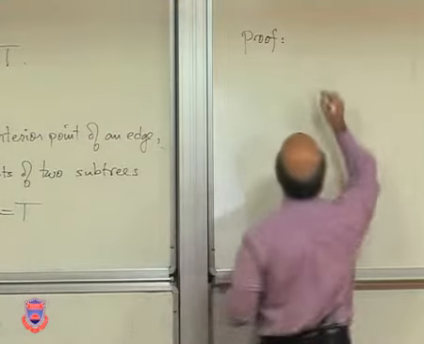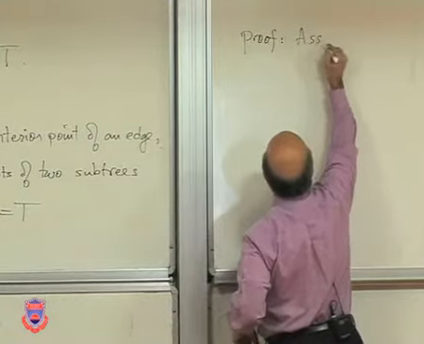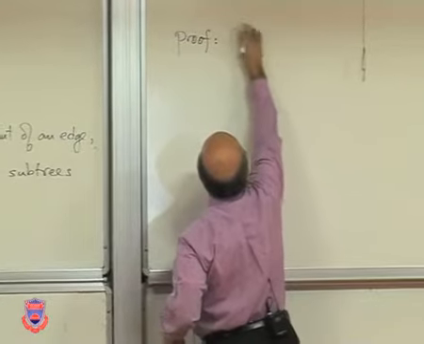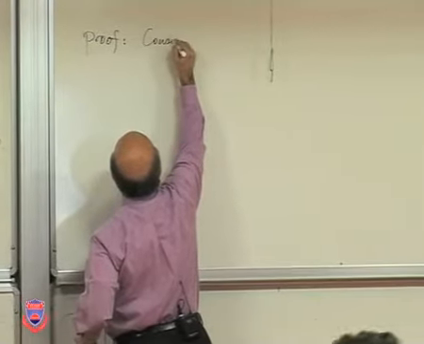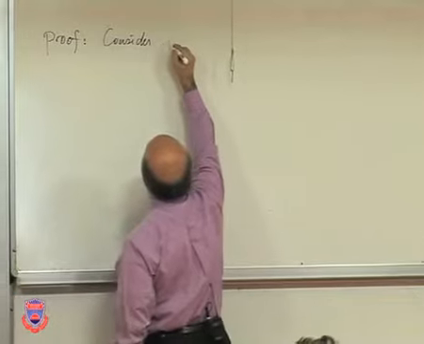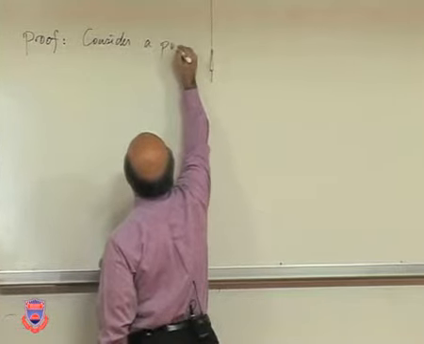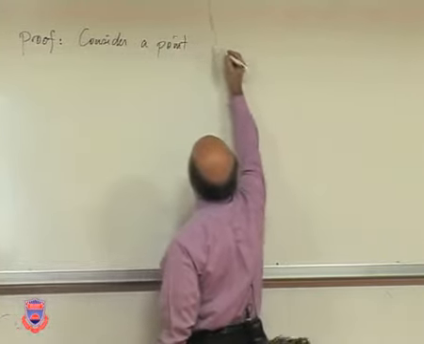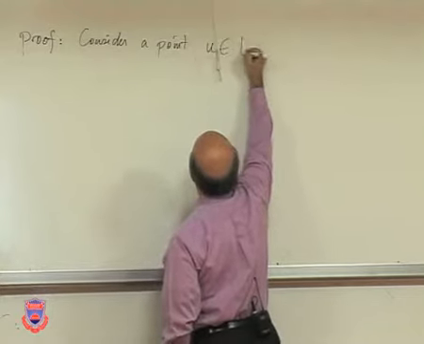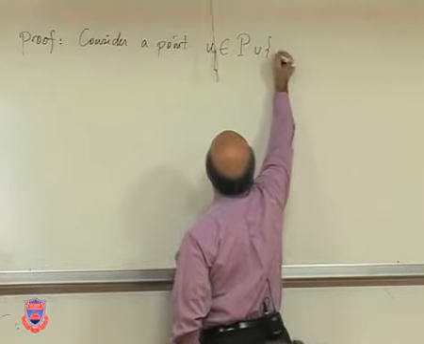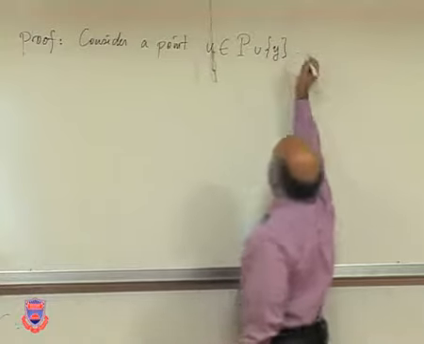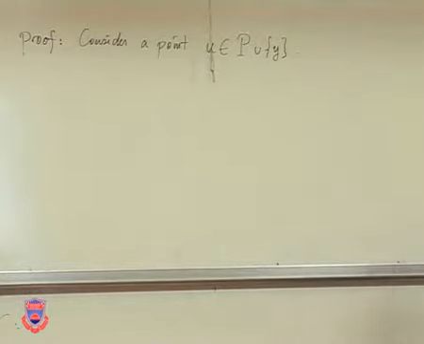So you pick an arbitrary point U in P union Y, and then you should show that this guy cannot be optimal.